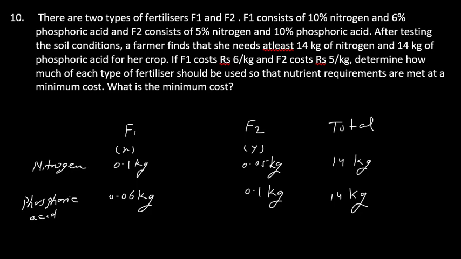And if I see cost, F1 type costs me ₹6 and F2 type costs me ₹5. So Z is my cost.